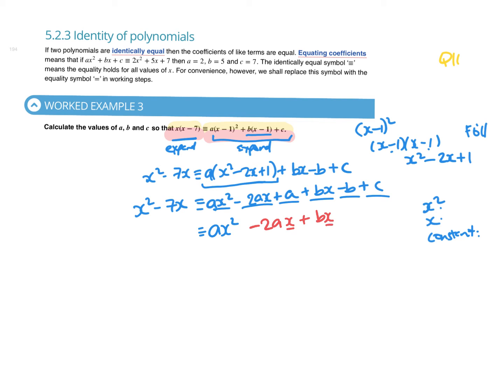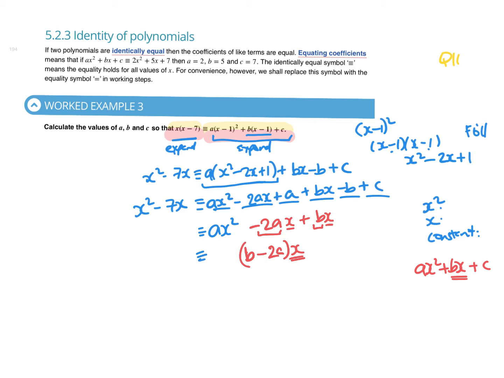In order to group them, we're just going to factorize the minus 2a and the b together. So we're going to have b minus 2a lots of x. So what we're doing is writing the right hand side as ax squared plus bx plus c. I know it's more than bx, but it's still all the x terms, the linear terms, just with this little x here.